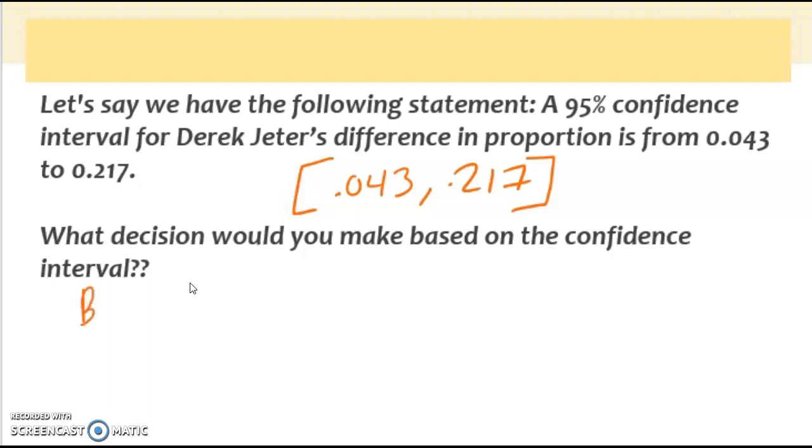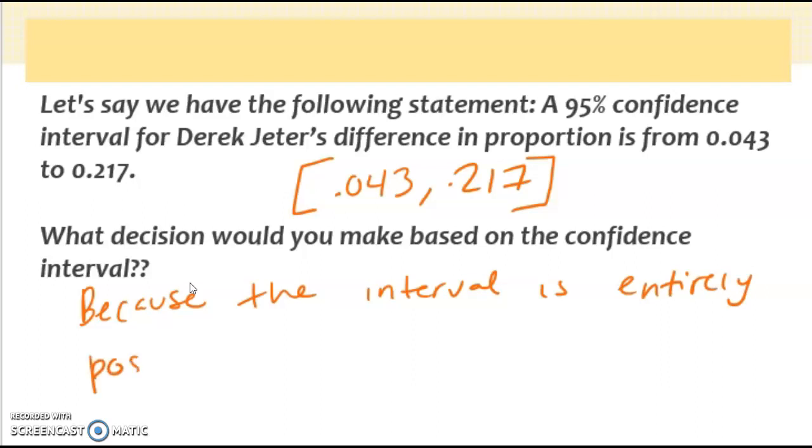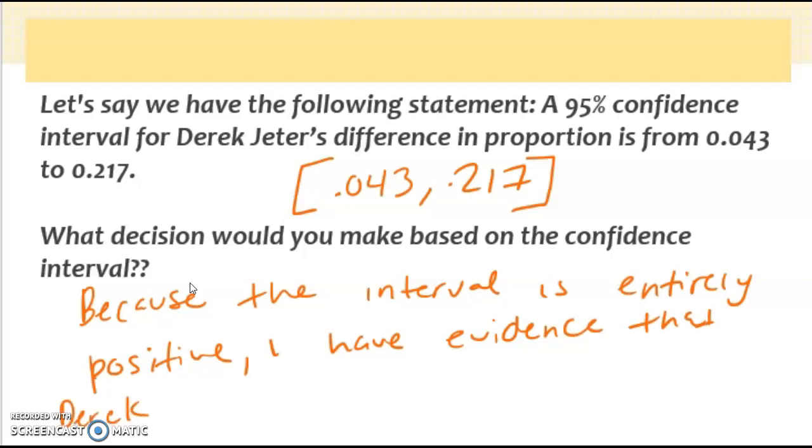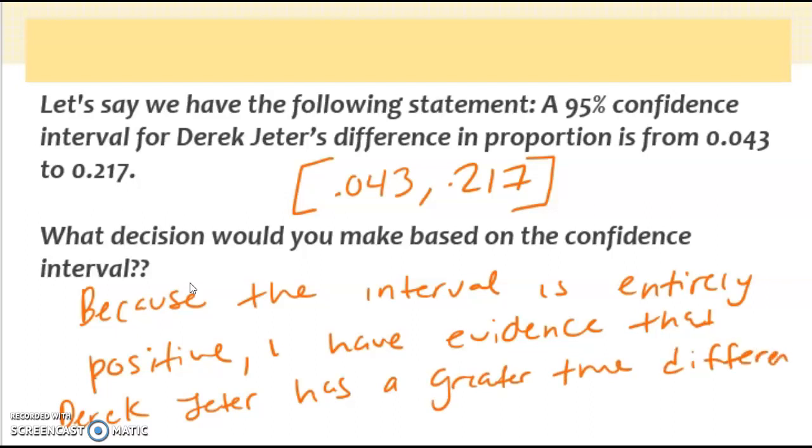So that means because my interval is entirely positive, I have evidence that Derek Jeter has a greater true difference in proportion against right-handed pitchers.